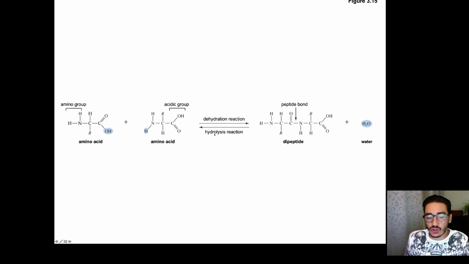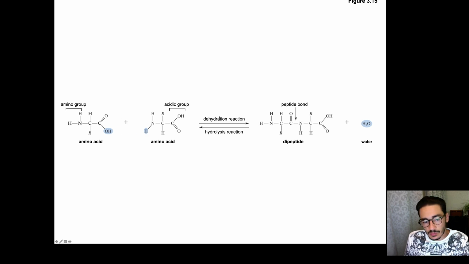And hydrolysis is actually the opposite reaction. When you break that bond, one molecule of water is going to come in. You break the peptide bond between carbon and nitrogen, one molecule of water comes in, it's a plus, right? So hydrolysis is plus water, and it's divided and ends up in those places.